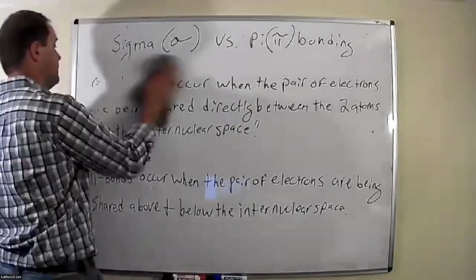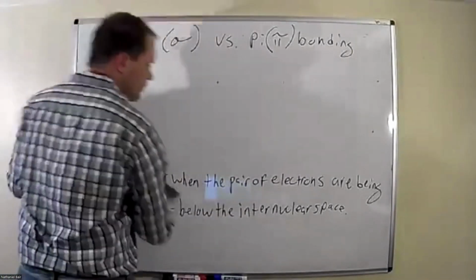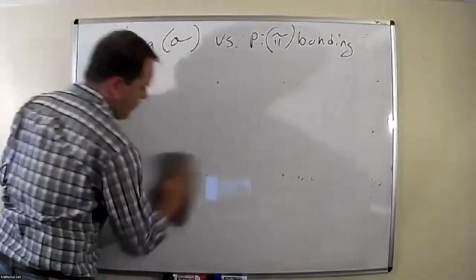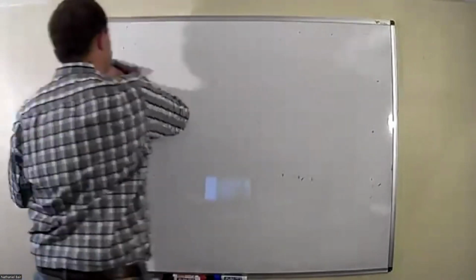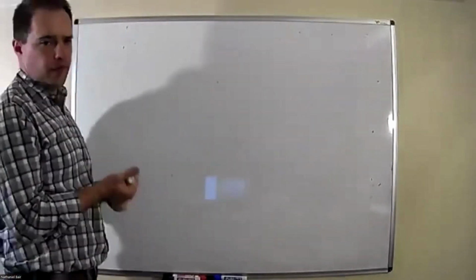All right. If I have a single bond, it's automatically just sigma.